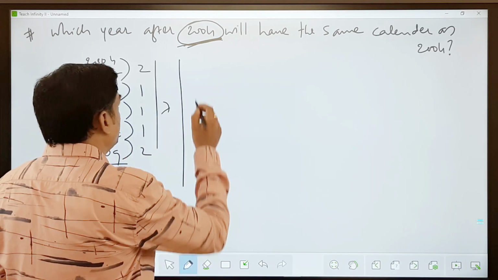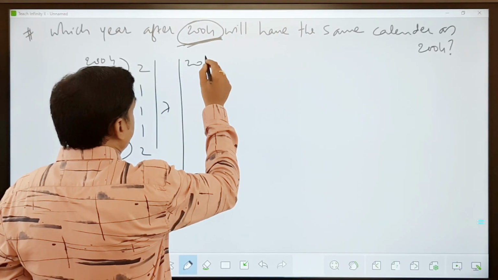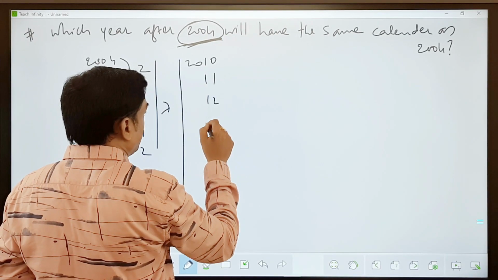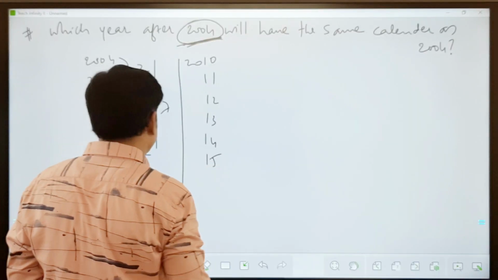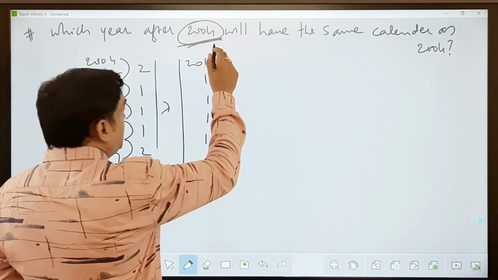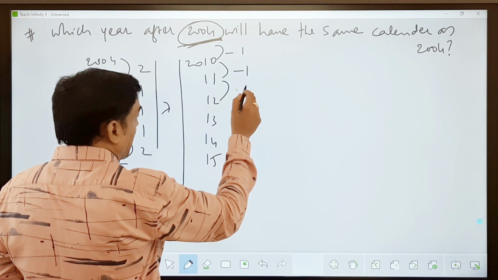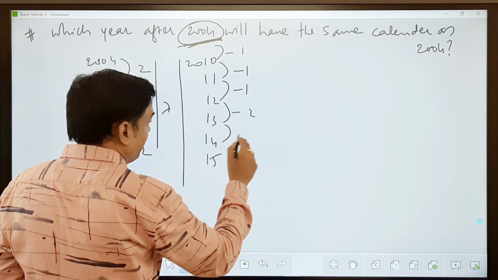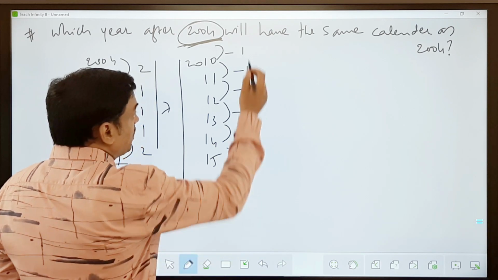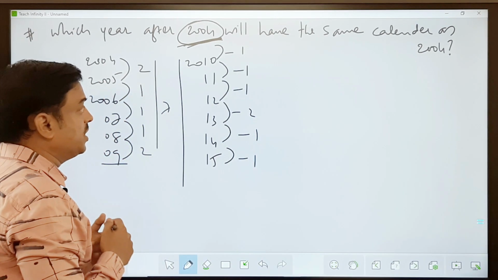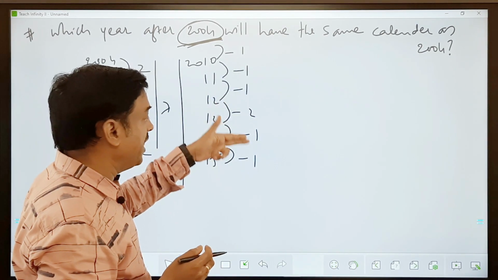So I should continue doing this. 2010, friends, 2010, 11, 12, 13, 14, 15, let us take. Now 2009 to 10 will have 1, 1, 1 here, and 2, 1 and 1 here. Now get the total here. This is 3 plus 2, 5, 5 plus 2, 7.